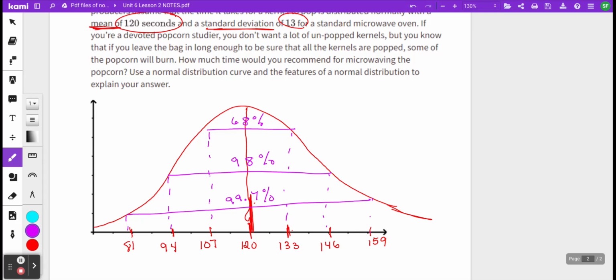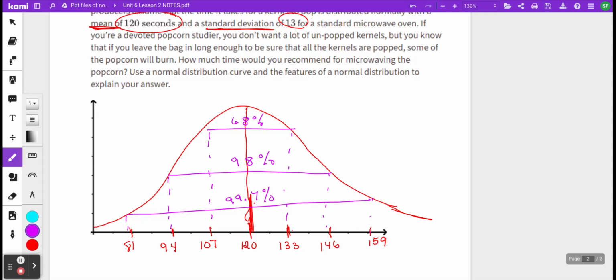If you go from 107 to 133 seconds, you know that only about 68% is going to be popped. If you go to 146 seconds, then we know that 98% will be popped.